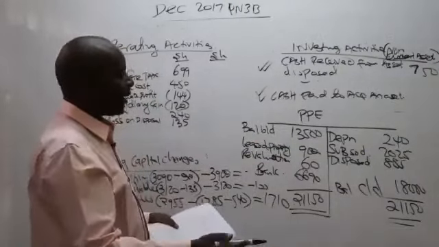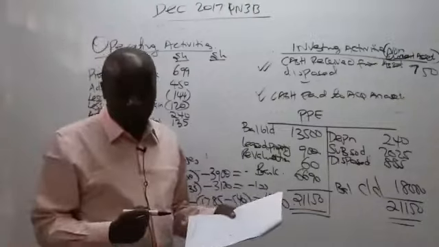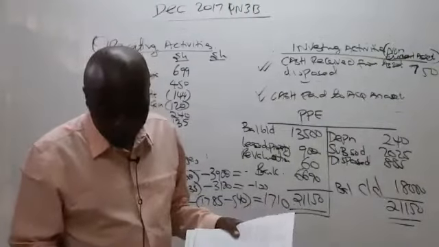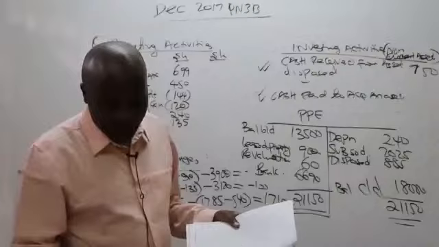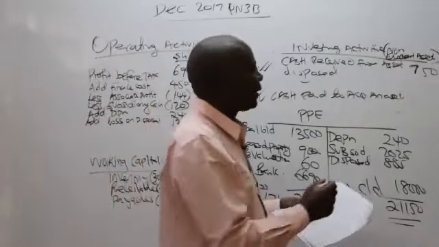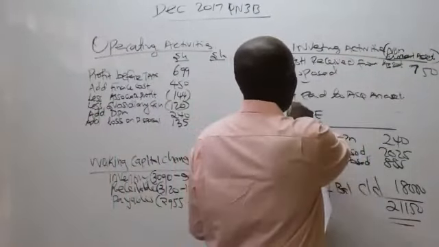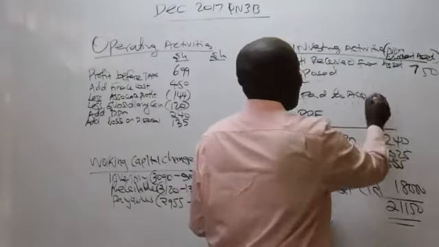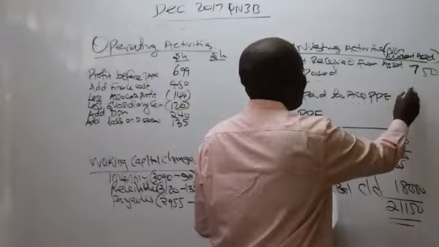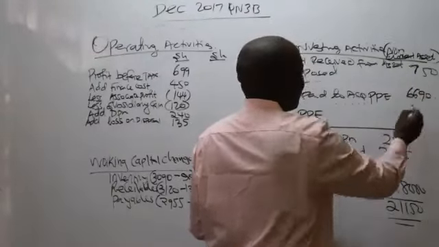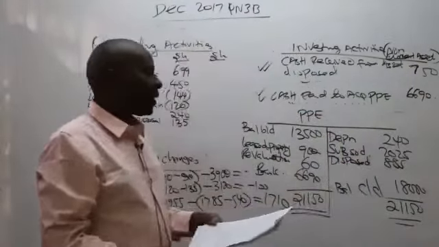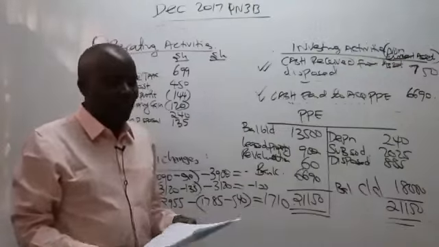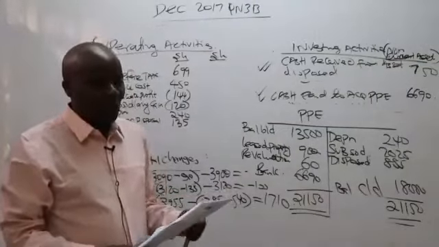In this case, ladies and gentlemen, what I want you to write there is cash paid to acquire assets, to acquire PPE. They say it is 6690. Acquisition of PPE.